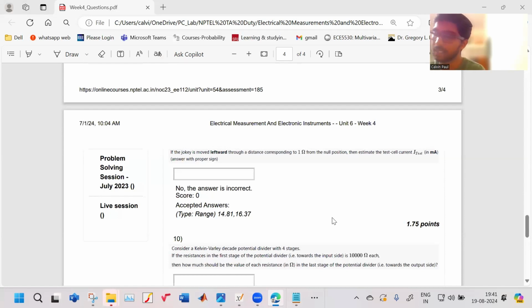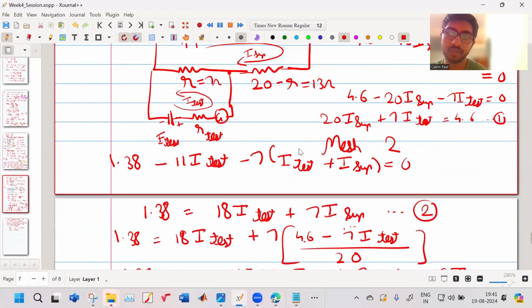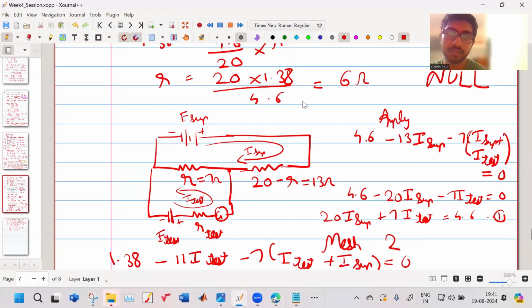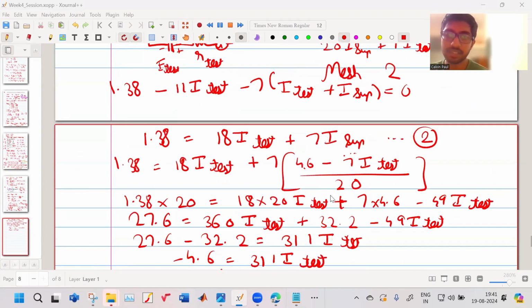So in the next case, they're saying the jockey is moved leftward. So if the jockey is moved leftward, what will happen is this R instead of being 7 ohm, it will become 5 ohm. And this will become 15 ohm. And then you'll have to solve. Okay. So it is actually very simple.